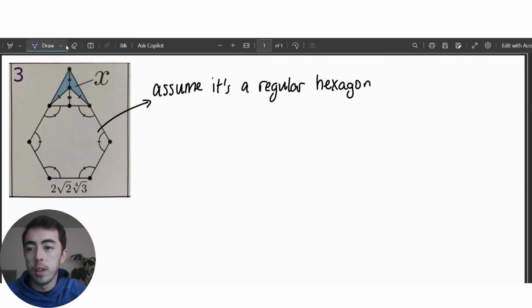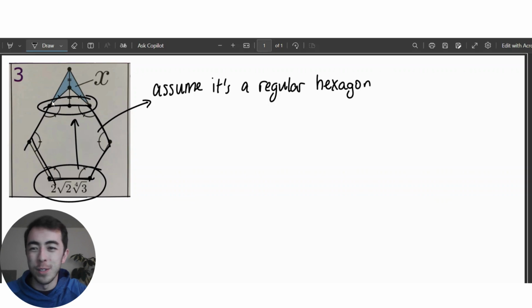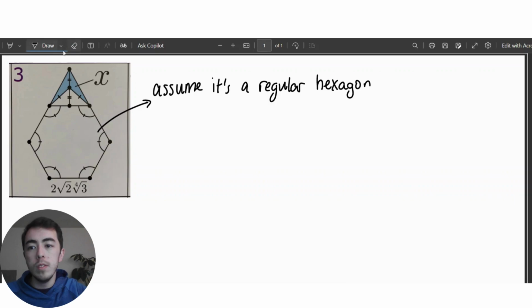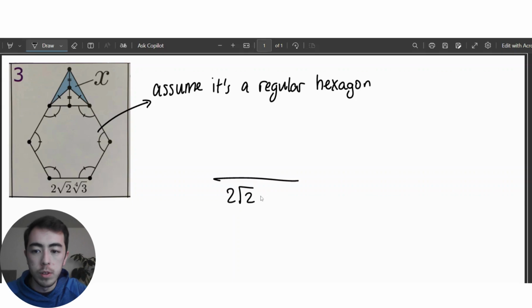A regular polygon has congruent sides and congruent angles. What that means for this problem is that we can assume this length is the same as this one here. And at that point, the whole hexagon doesn't really matter for this problem. I'm just going to zoom in on this triangle. I'll draw the base and label it with 2 times root 2 times the fourth root of 3.